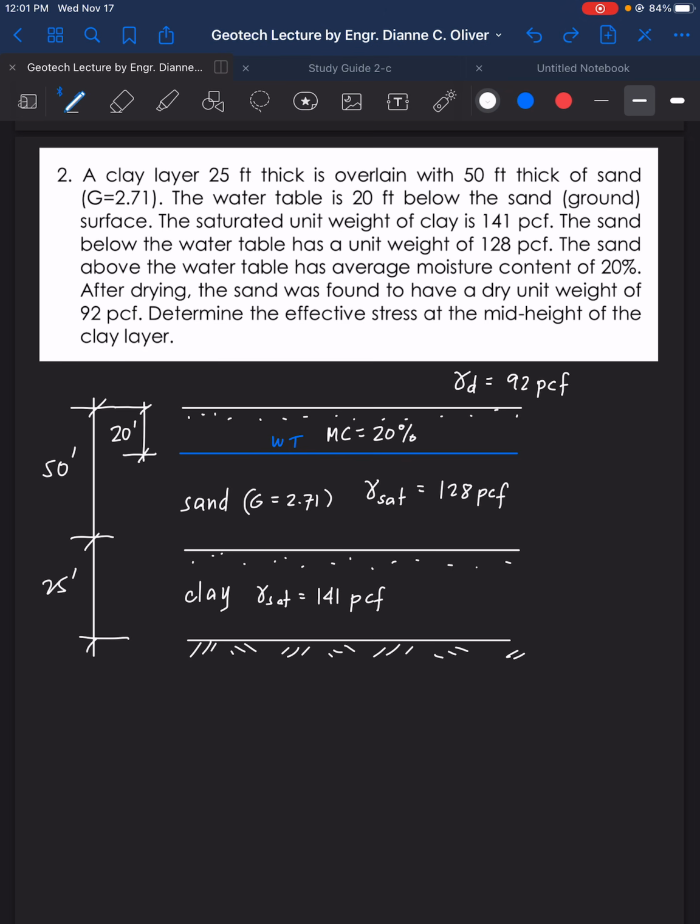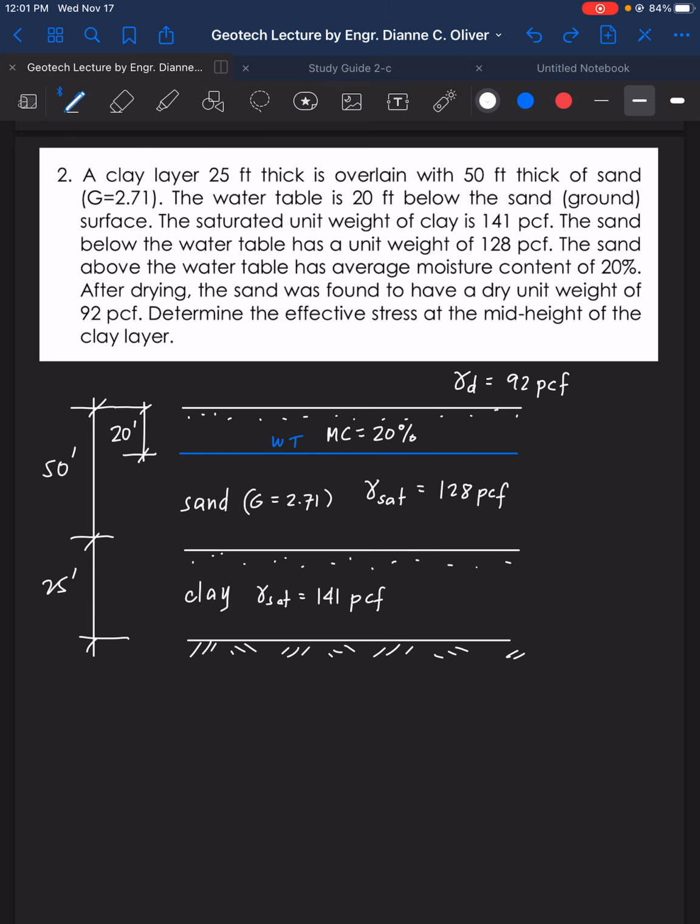This is to remind me that this situation, this gamma D, is a laboratory setup. Meaning, to obtain your gamma D, gamma dry, the soil is removed and it is oven dried. So we have there gamma D 92 PCF.